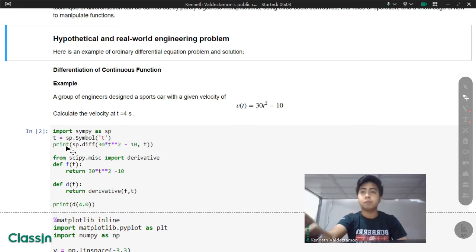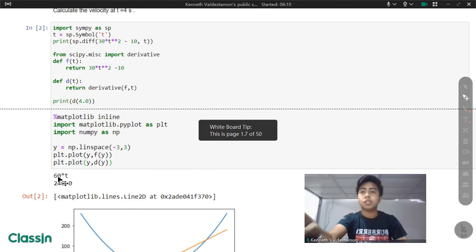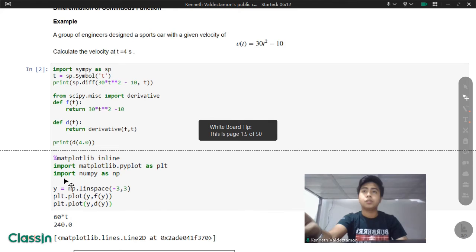So, maglagay tayo ng print para makita natin yung sagot. And that'll give us an answer of 60t.